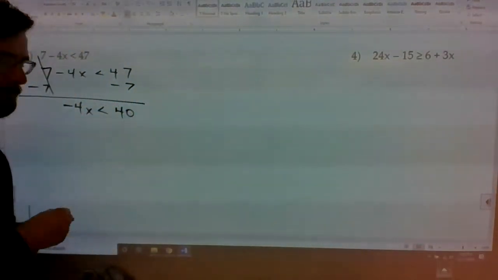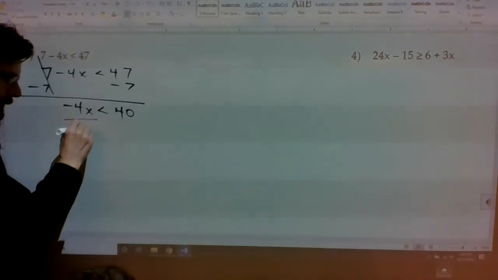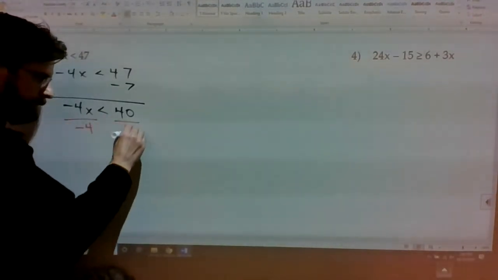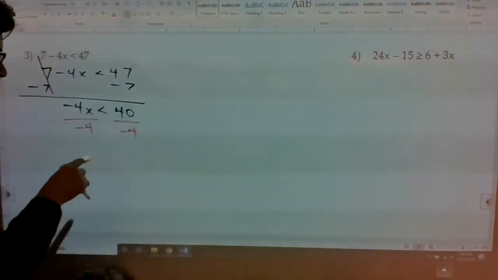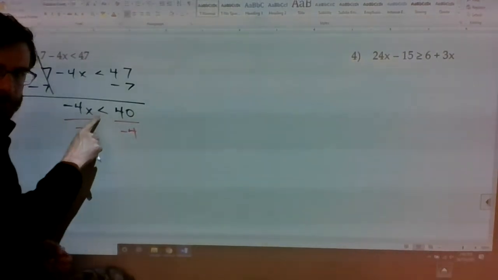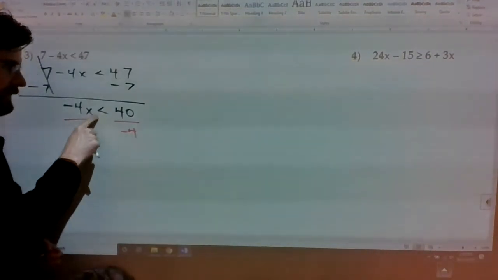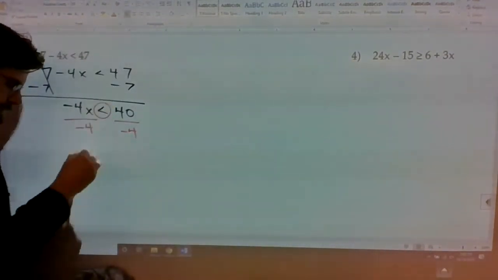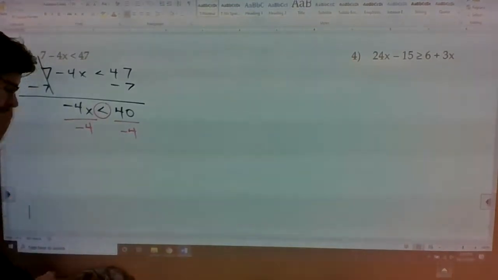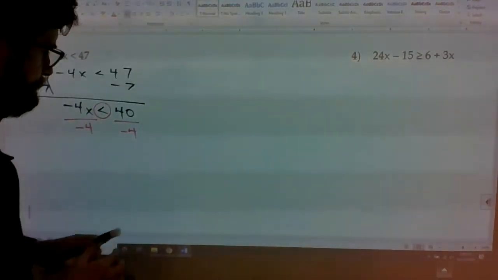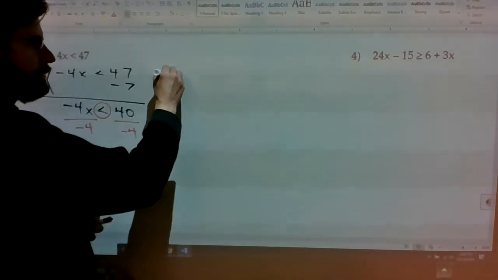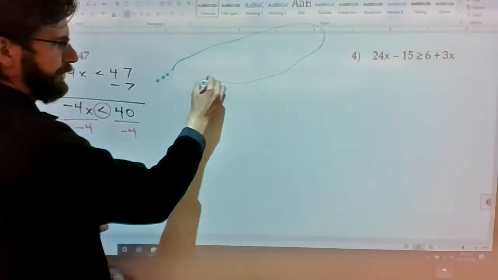When I divide by a negative number, so if I divide by red, something changes here, okay? Hey, think about this. All right, so here's a little thought bubble.